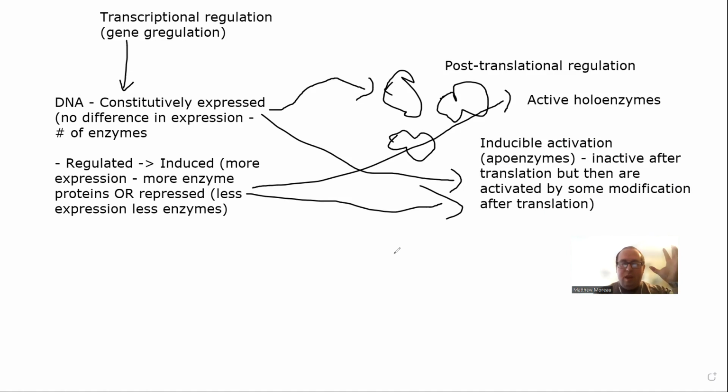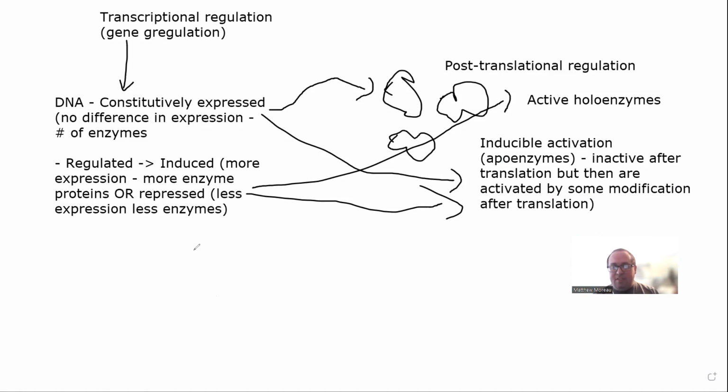You can have a gene that's always on, but that gene can either create an active enzyme or an enzyme that is then regulated in its function after it's translated. Or you can have a regulated gene that's always active, so the increase in expression goes up, and as the enzyme numbers go up, they're always just active after translation.